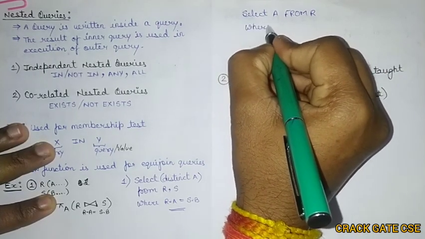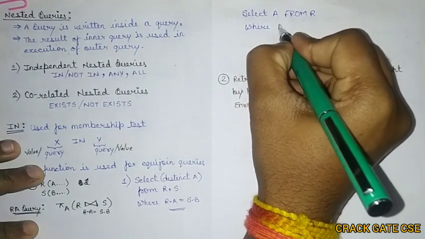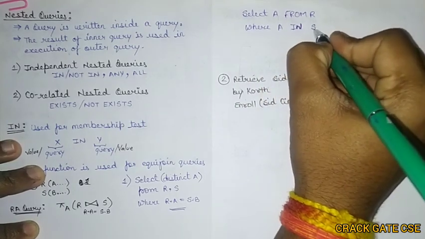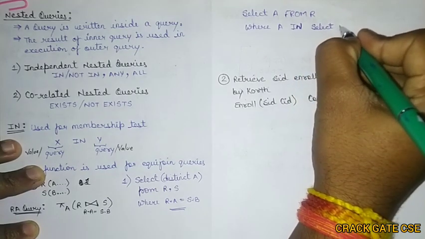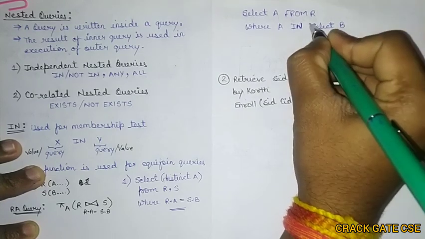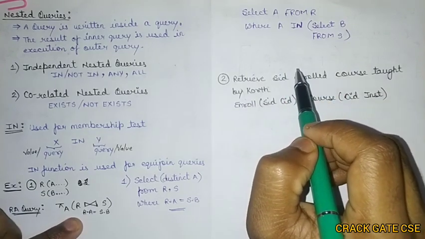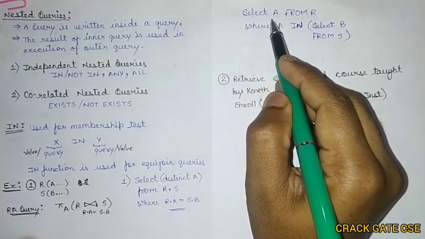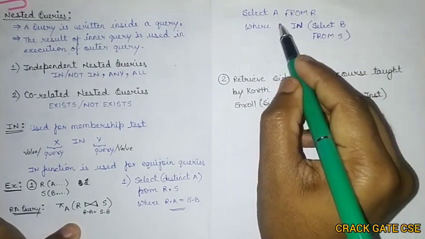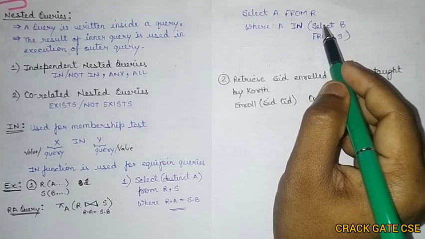I have to use this IN function with WHERE because I am using it in a condition: where A in, because we have to apply a condition on A. Now here I will use another query, select B from S. It will give you the same output as the previous query, because we are selecting A from R where A in (select B from S). That means if this A is available in the output of this particular subquery, then it will give you the output.